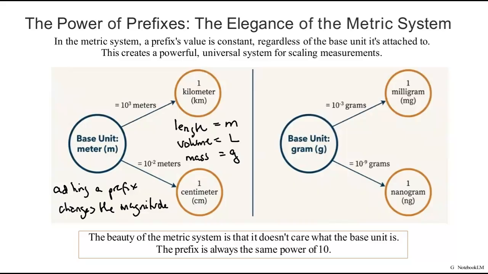And it doesn't matter what type of base unit I am dealing with, the prefix will always mean the same thing. It means that I'm moving the decimal point so many places, and it's always the same value.